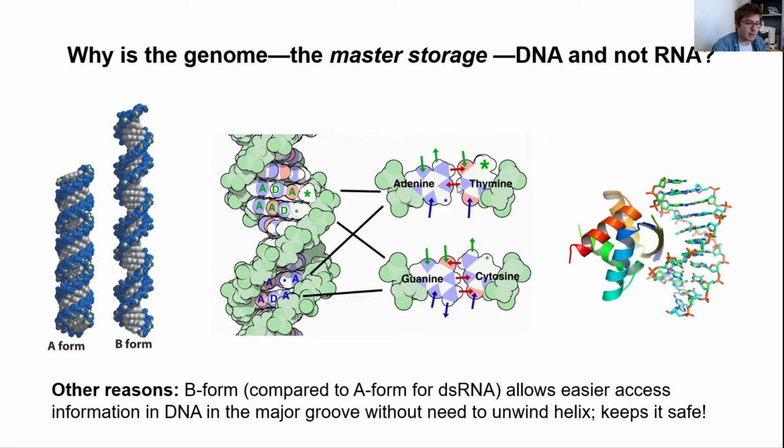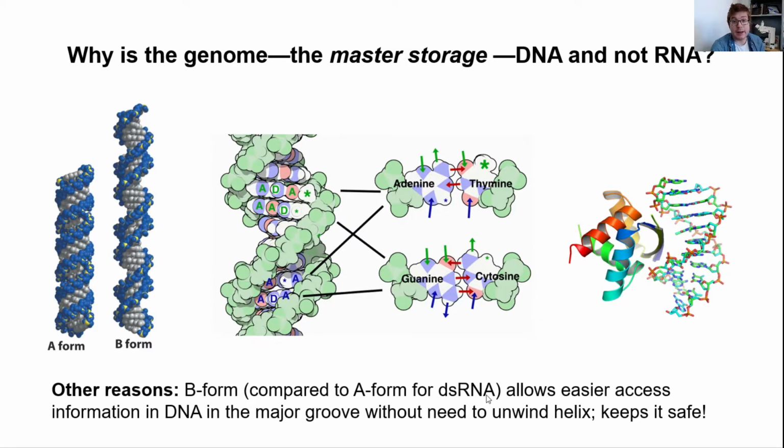And that's because, again, even though there are Watson-Crick base pairs holding A and T or C and G together, the major groove presents many possible hydrogen bond donor acceptor groups for interaction, as well as the minor groove.